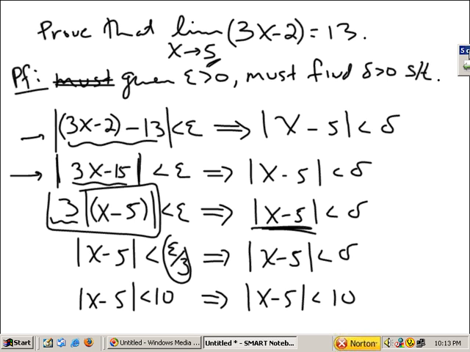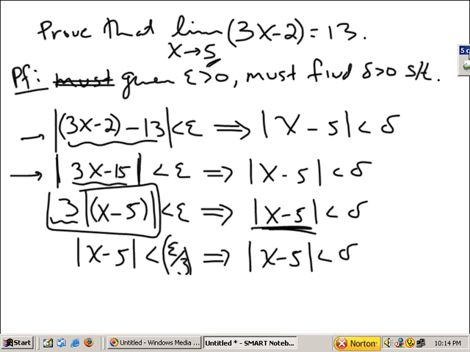Okay. With this last line, not part of the proof, remember that as long as these two are both the same, we want these to be the same. That's what the last line that you see says. It starts off with the same thing, less than this, less than that.